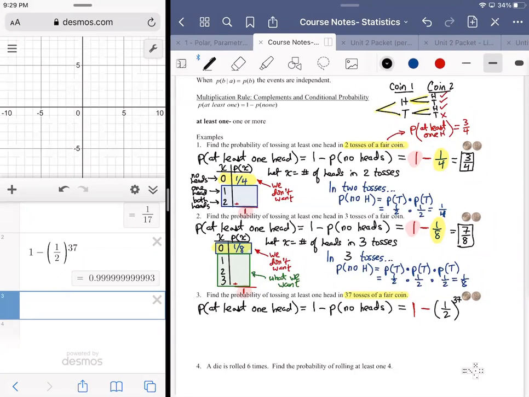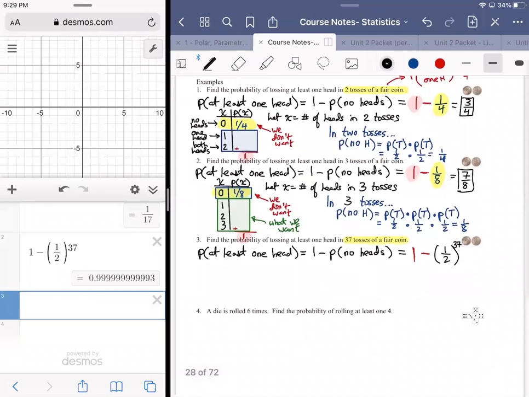So it would be something that would round to 1, but we wouldn't say 1, because 1 would mean it's a certain event. If you flip a coin 37 times, it's not guaranteed that there's going to be a head in there, but you're feeling pretty good about your chances. They don't all have to be heads. You're feeling good that at some point in the process, the head side of a coin is going to come up, right?